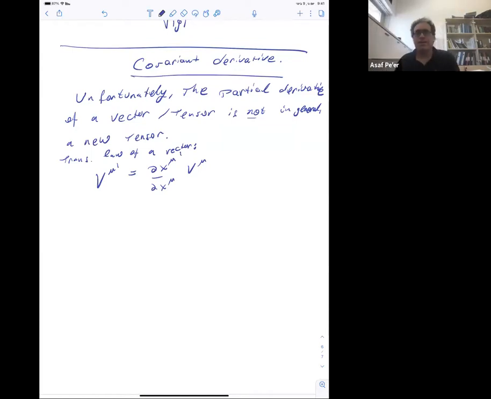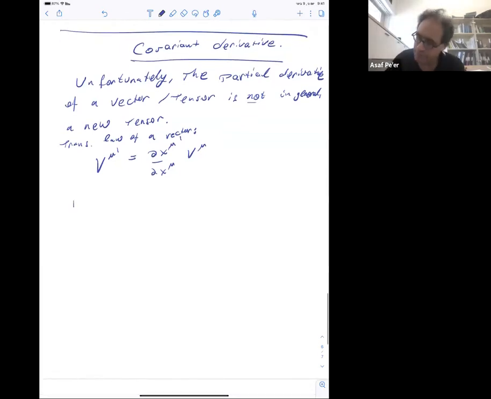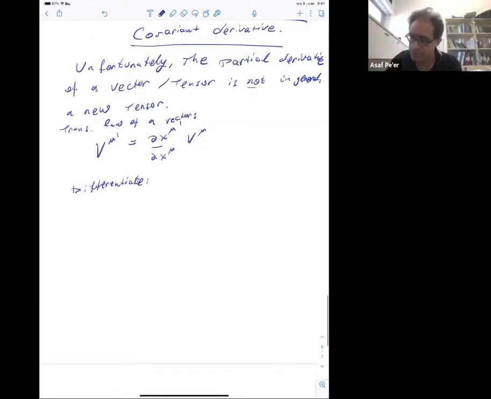So if we want to differentiate that, we can take differentiation with respect to some coordinate, say dv mu prime over dx lambda prime. It is d over dx lambda prime of dx mu prime over dx mu times v mu.